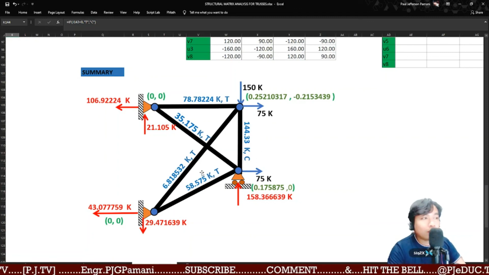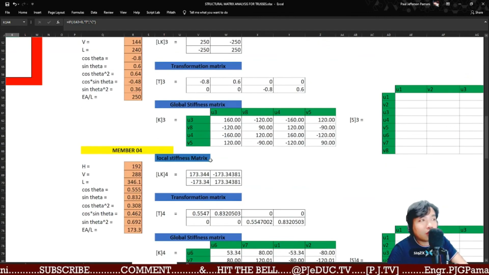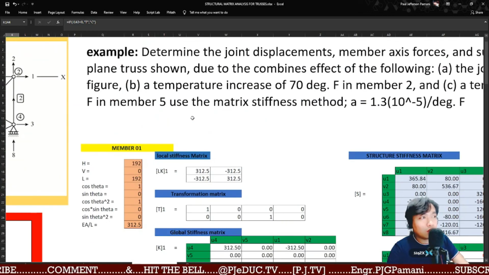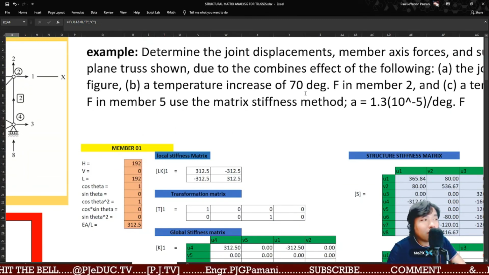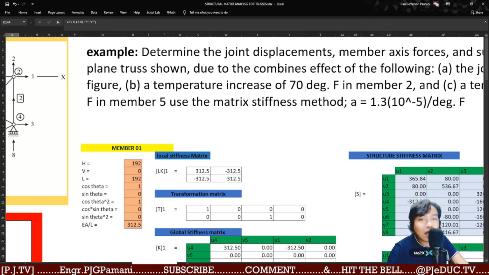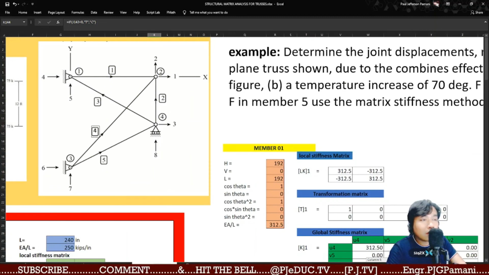That's it. Then what if there will be a settlement or known settlement in each of the nodes? Then combined with the fabrication error, combined with an increase or decrease of temperature, all four at the same time in one truss. So how are you going to deal with that?